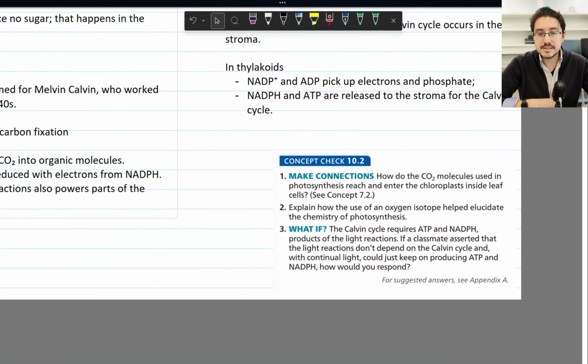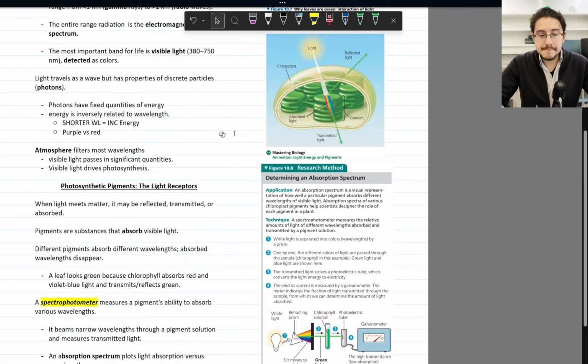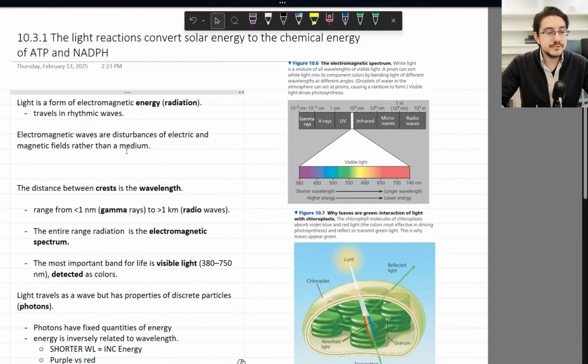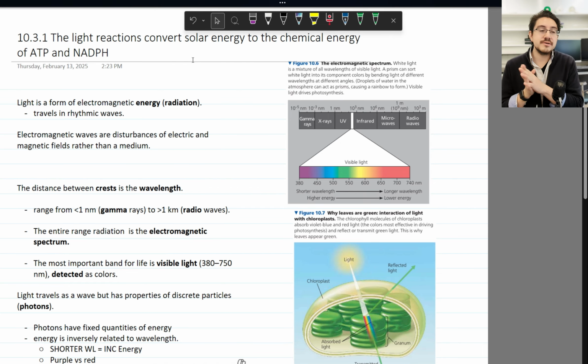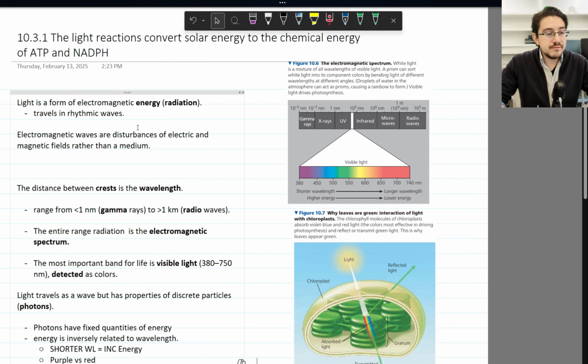Okay, let's continue on. We do need to talk about light in itself. So, section 10.3, the light reactions convert solar energy to the chemical energy of ATP and NADPH. A little bit of physical science here, just to review.